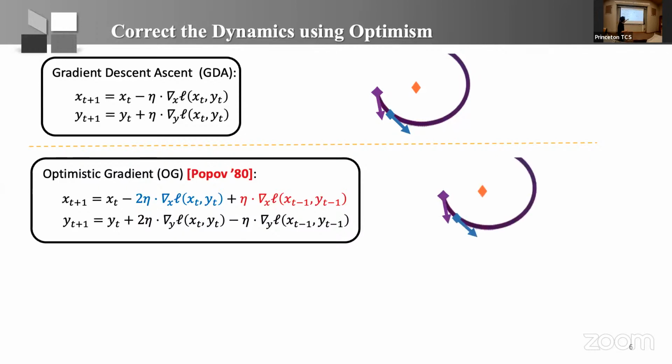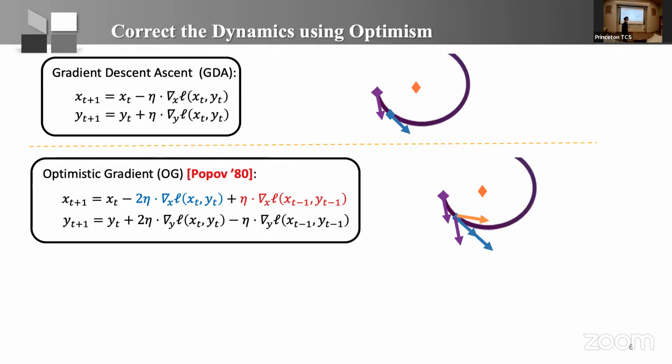So let's just look at the same picture again. Okay. So say I'm at the blue point. And I'm not just going to follow the gradient. I'm going to do this kind of update. Okay. So I'm going to take 2 of the current gradient. I'm going to subtract the gradient from the previous step, which is the purple one. So I'll get this orange direction.